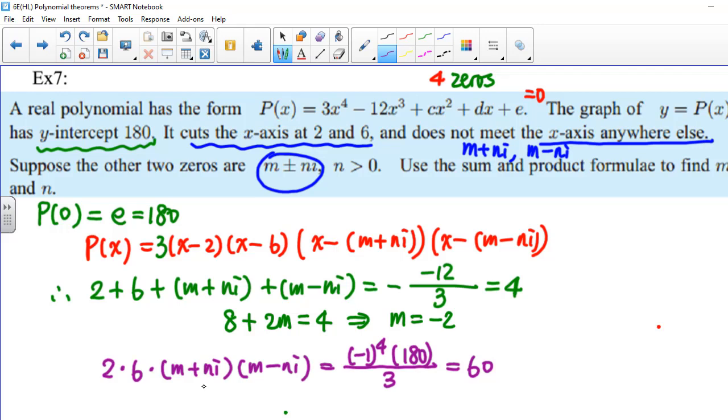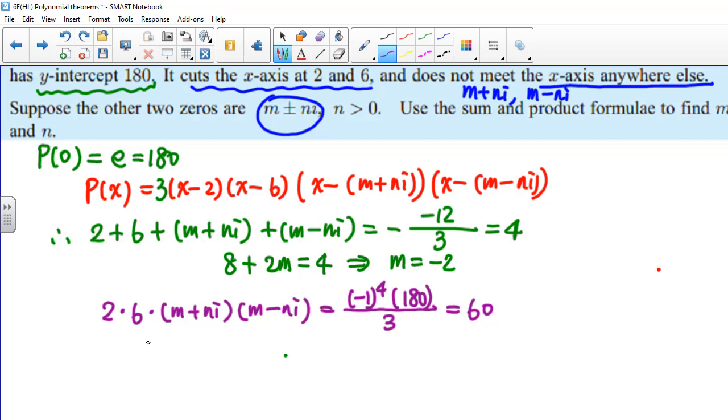The product of those 4 roots also can be simplified. So it should be 12 times m plus ni times m minus ni, which is m squared plus n squared, equals 60. And this m squared right now is negative 2 squared, which is 4. Therefore, 12 times 4 plus n squared equals 60.